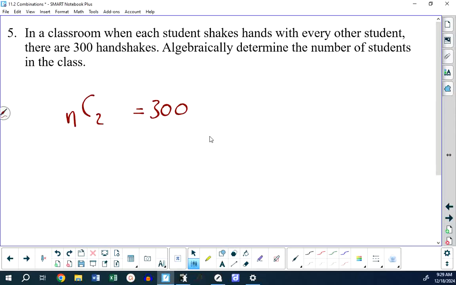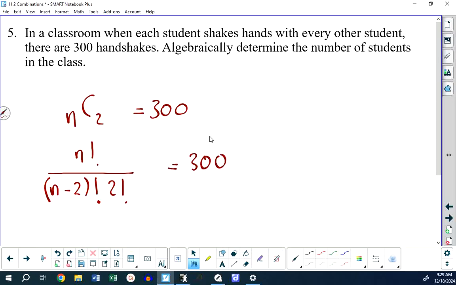We're asked to algebraically find the number of students. Well, this will be n factorial over n minus 2 factorial, 2 factorial, using the combinations formula. From a few days ago, you should know that the n minus 2 factorial is contained inside of the n factorial. So to get rid of the factorials, we can expand the n factorial so we can cancel the n minus 2 factorials.